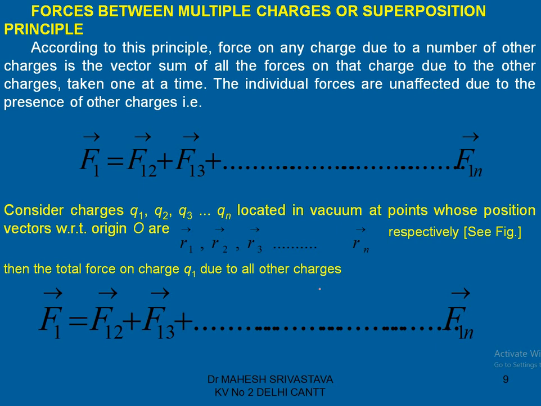Then the total force on the charge Q1 due to the other charges is F1 vector equal to F12 vector, that is the force exerted by charge Q2 on charge Q1, plus F13 vector, that is the force exerted on charge Q1 due to Q3, and so on F1n vector.